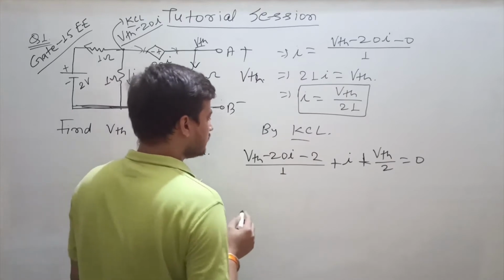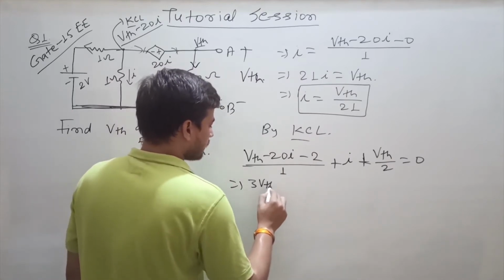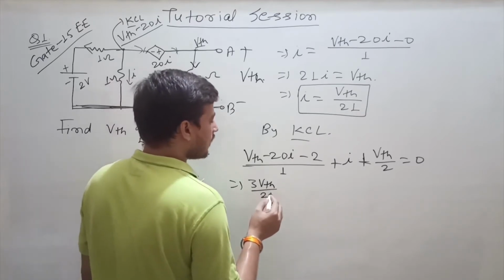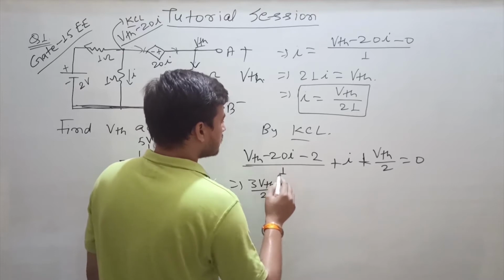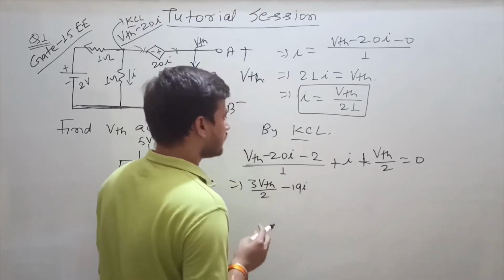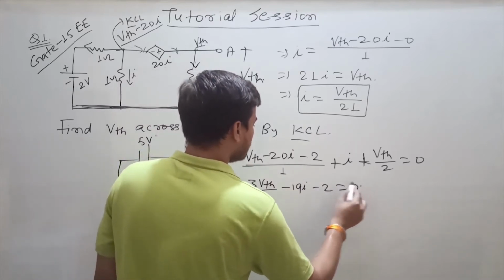From here we can write 3 VTH divided by 2 minus 19I minus 2 will be equal to 0.